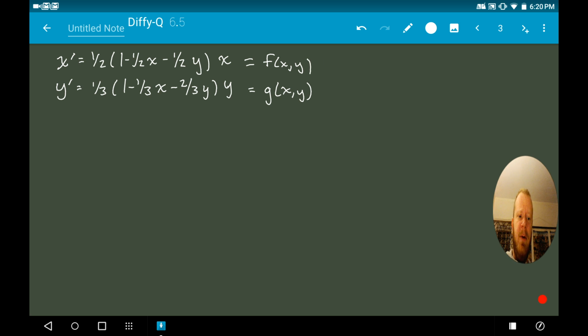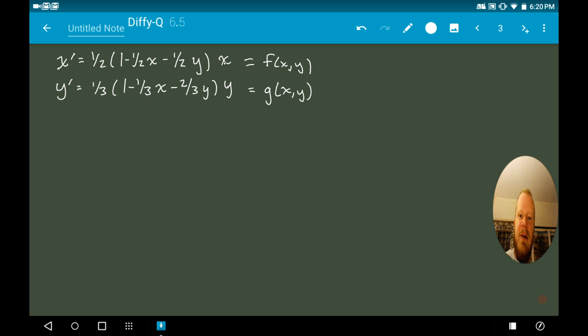If you look at this, you might recognize it if you're in the 125 class. This is the example that Rick went over. If you're looking for equilibrium solutions, remember that's where x prime is equal to 0 and y prime is equal to 0.